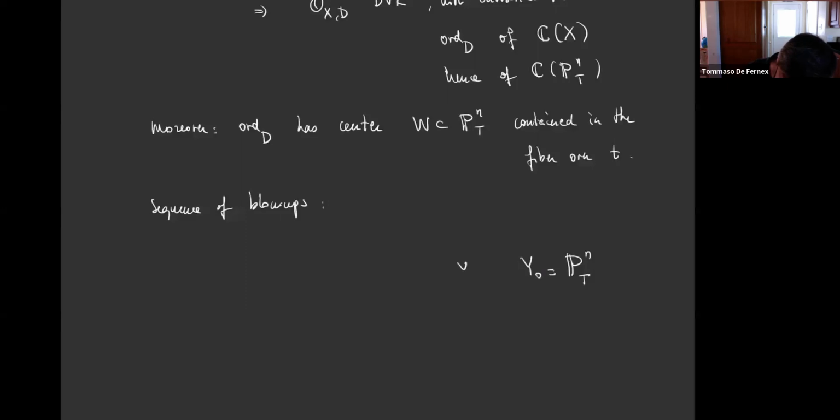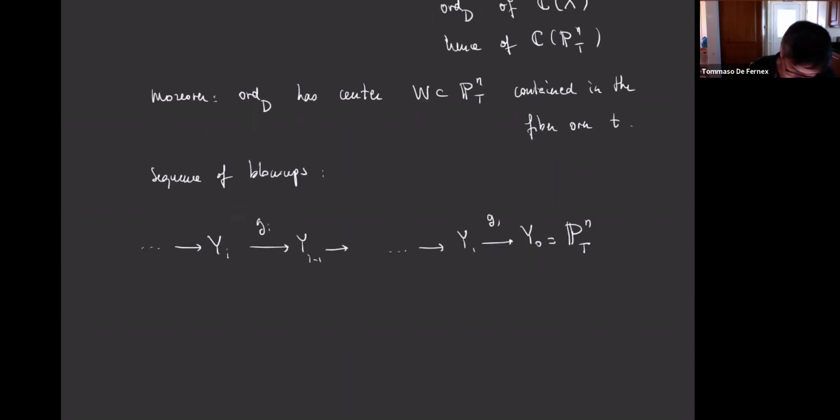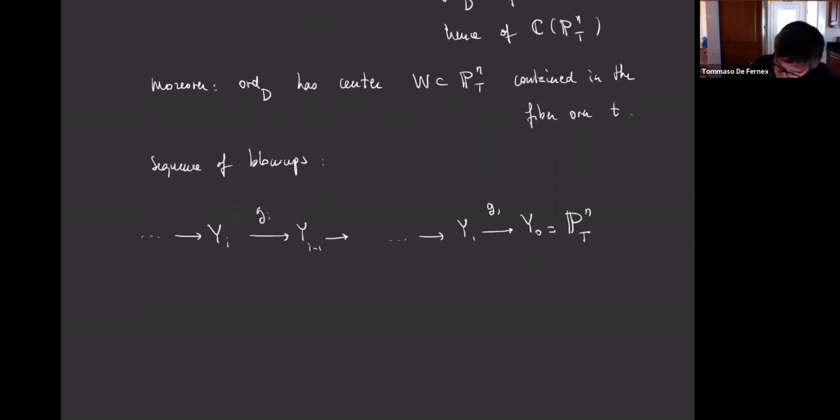Then I'm going to take one blow up, g1. And at some point, there's going to be some y_{i-1}, then some g_i, y_i. So I'm going to keep going this way. And I can tell you what g1 is right away.